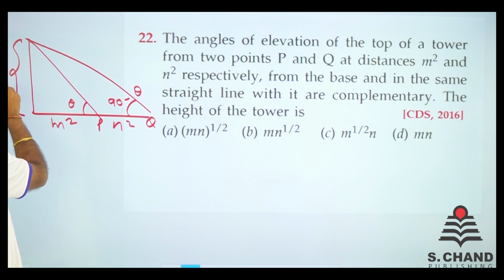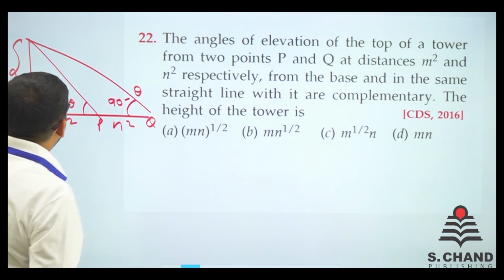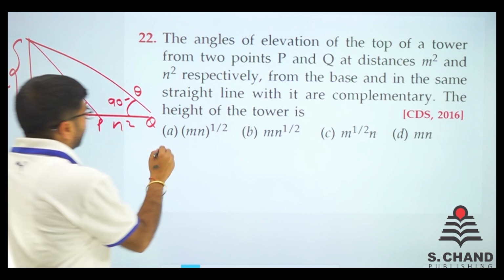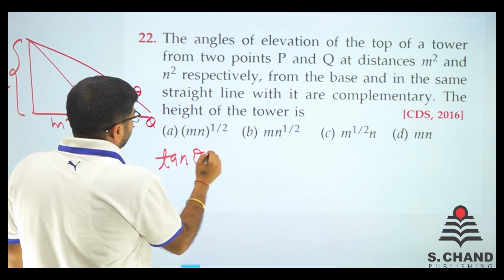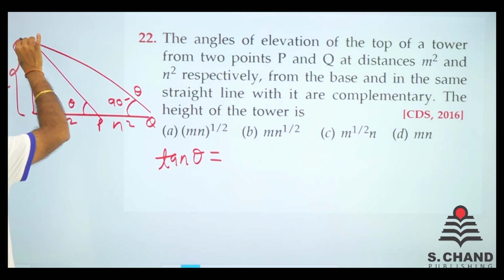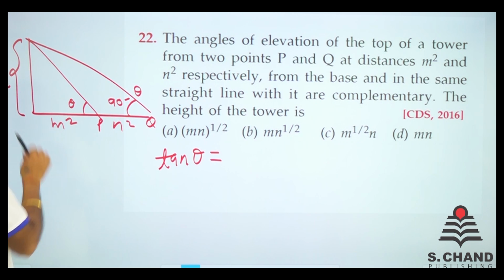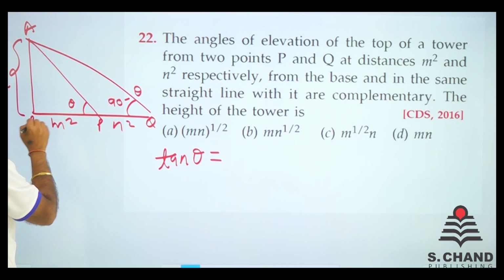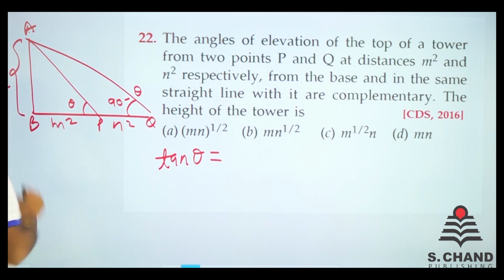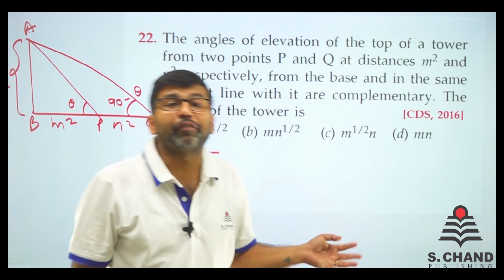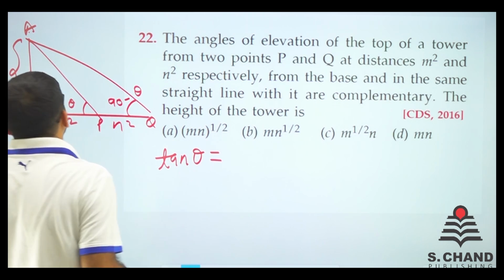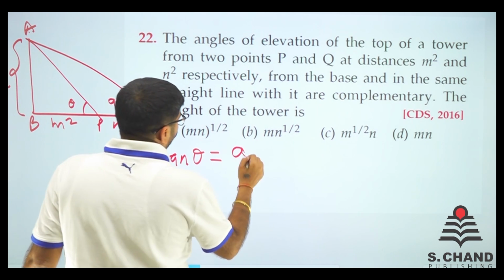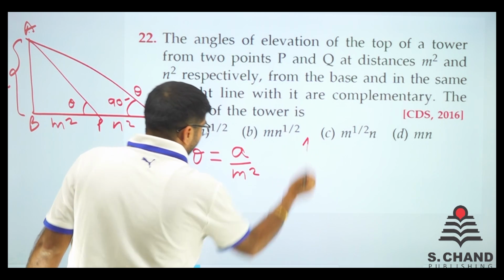Say for example, we call the height A, right? So we have tan theta, when we take the first triangle, APB. Tan theta will be A by m square.